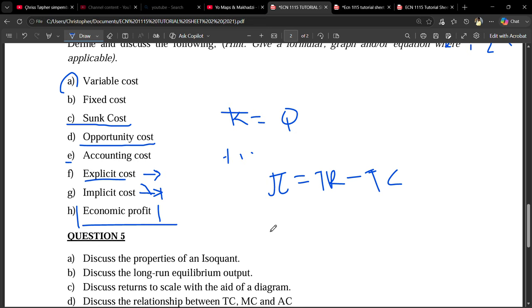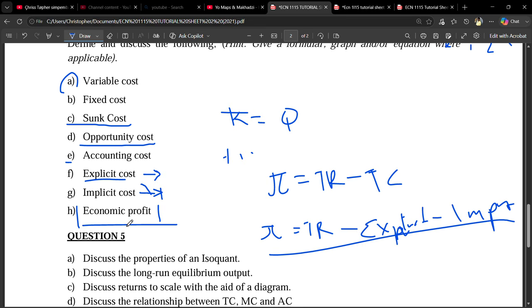So for us to find this answer, we use pi, which is total profit, equals total revenue minus explicit costs minus implicit costs. This is the actual formula that we are going to use as the economic profit. So this is simply the profit that a firm would get from subtracting total cost from total revenue.